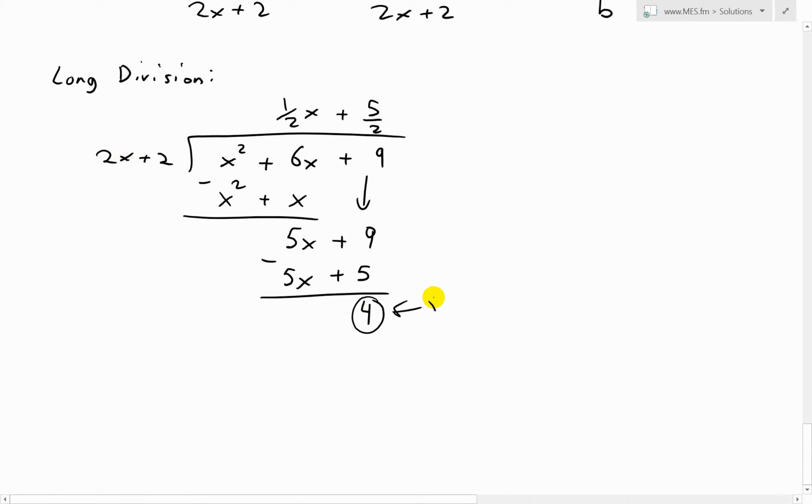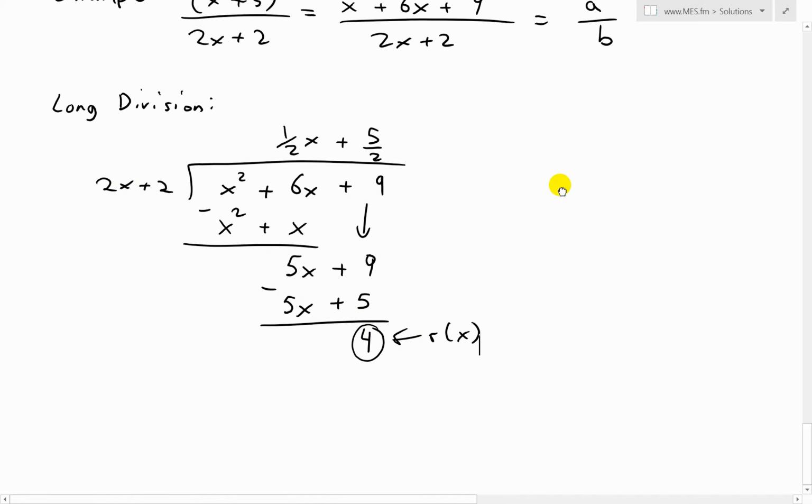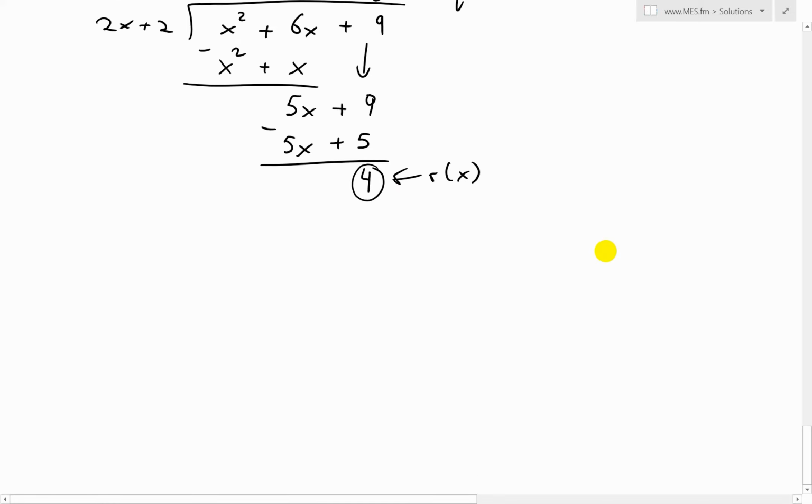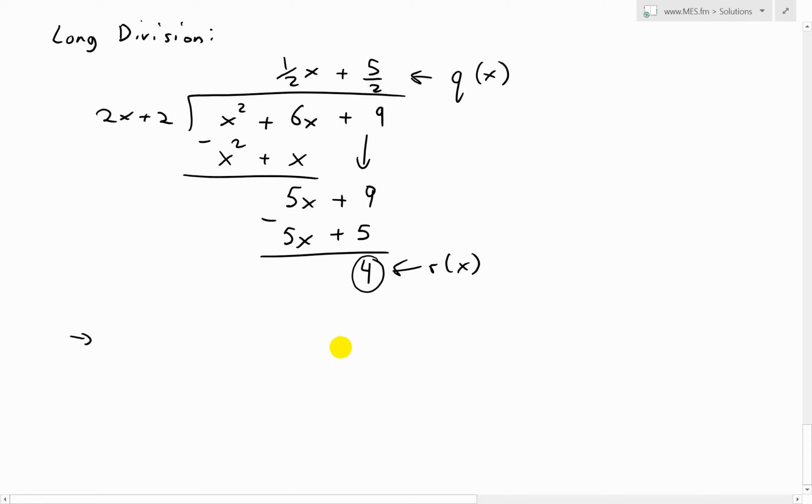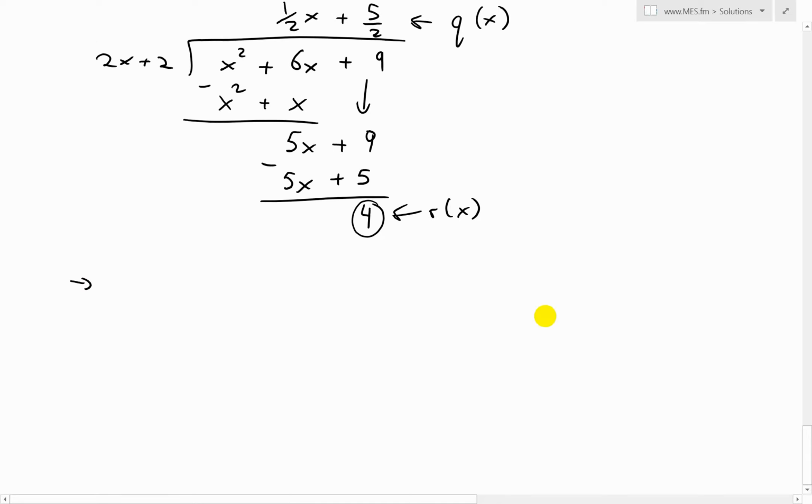So this is r, I'll just write this as r of x. And now this whole thing on the top is the quotient, q of x. So thus what we have is written in the Euclidean division form. Before we get to that, we have over there the whole thing, so let's put this over. We have x squared plus 6x plus 9.